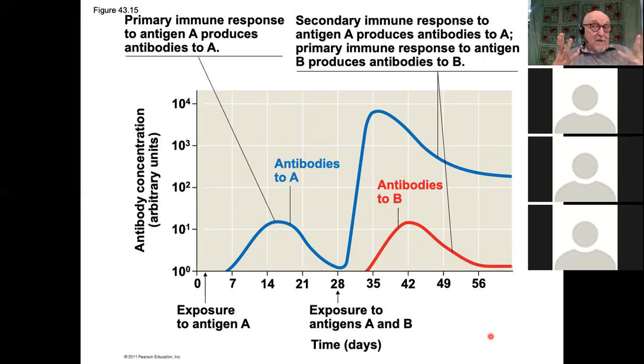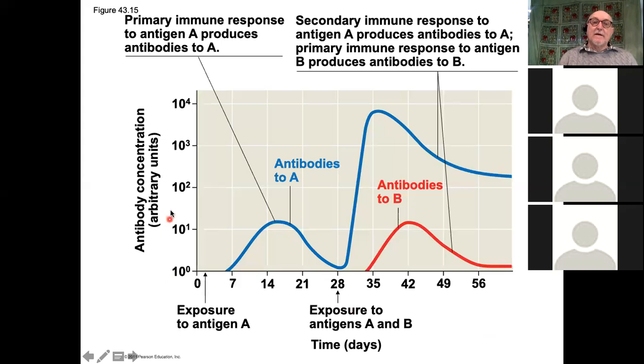And those memory cells reside so that if we ever are exposed in real life to that antigen in the form of an infection, the immune system immediately comes into activity and it will eliminate the pathogen before we suffer any illness. So let's have a look here.